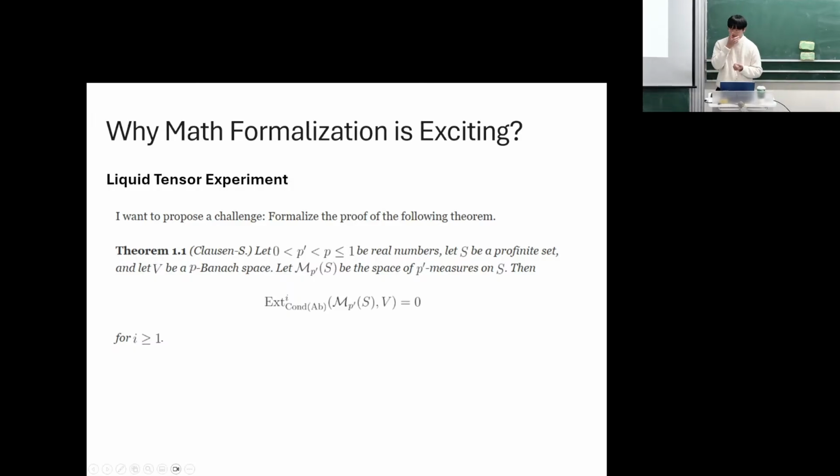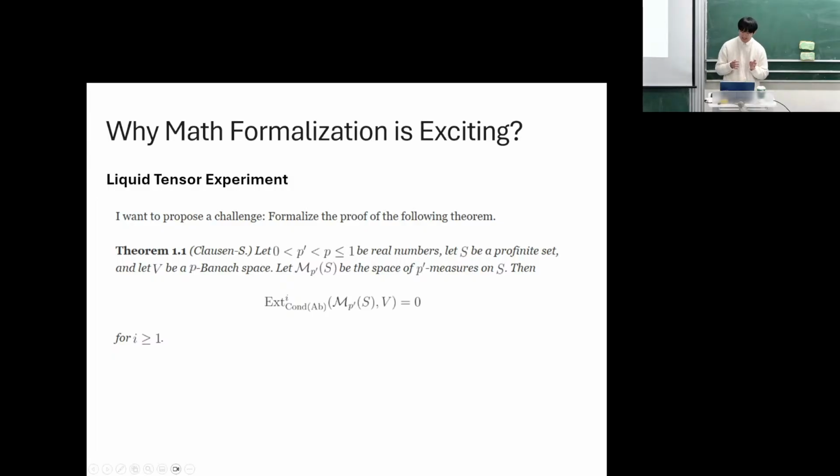In 2019, Peter Scholze introduced a new theory called liquid vector spaces. The proof of the key theorem in this theory was extremely long and complex, and even the author himself was not fully convinced of the proof's correctness. Because of this, Scholze asked the Lean community to check the proof using a theorem prover.